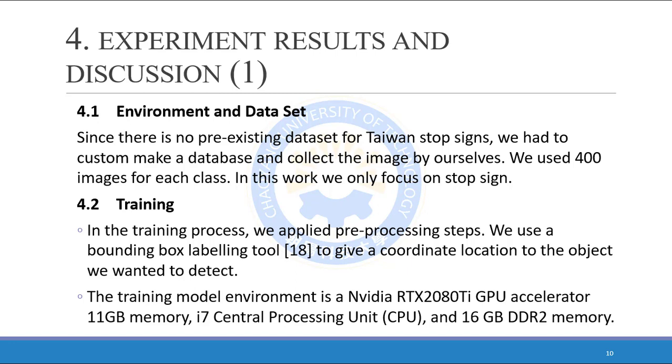We used a bounding box labeling tool to give a coordinate location to the object we wanted to detect. The training environment is an NVIDIA RTX 2080 Ti GPU accelerator with 11 GB memory, an i7 central processing unit, and 16 GB DDR2 memory.